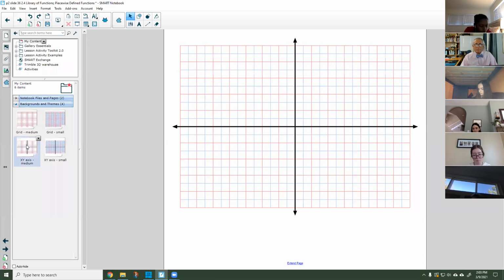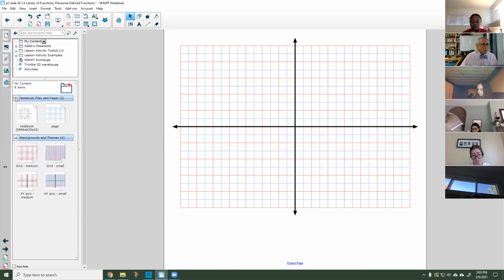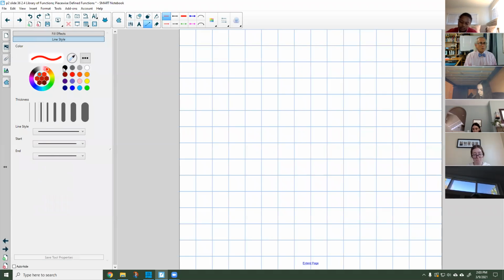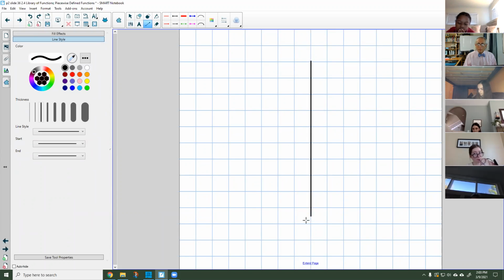Oh yeah, I can do this. I wish I had a different type of graph paper. Maybe that one. Oh yeah, that's better. Okay. So let's make ourselves an XY axis. Here's what we'll make the graph look like.